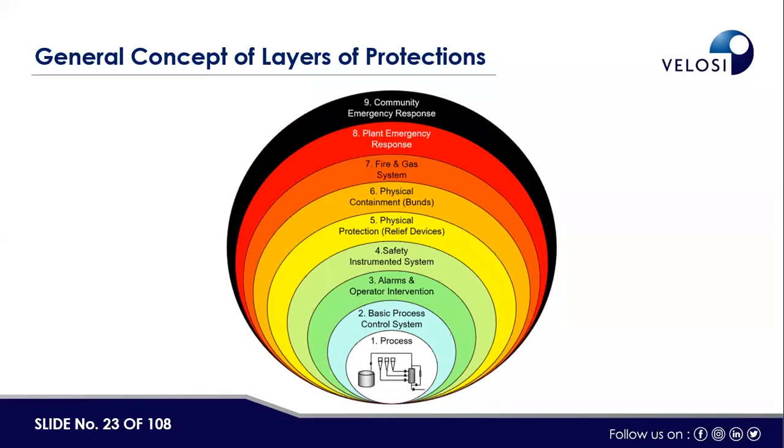If there's a high pressure alarm, the operator can respond and control the parameters causing the high level and high pressure. Similarly, there are safety instrumented systems, or SIFs, which can trip the plant if the abnormality goes beyond the alarm, or if the operator is unable to take any protective action.